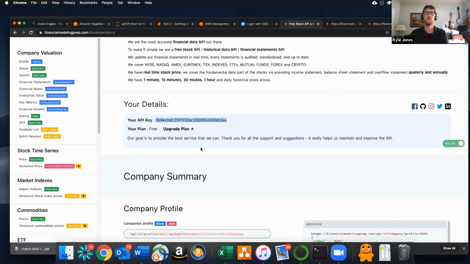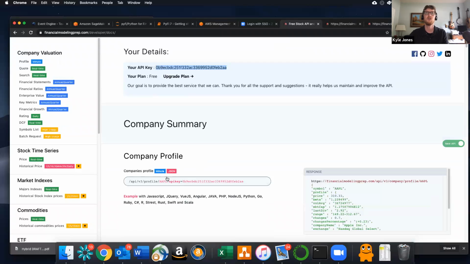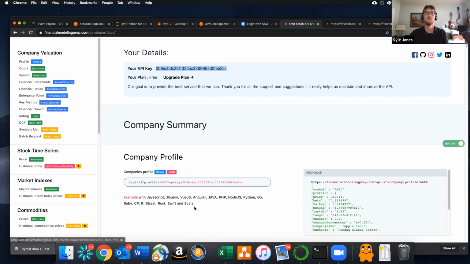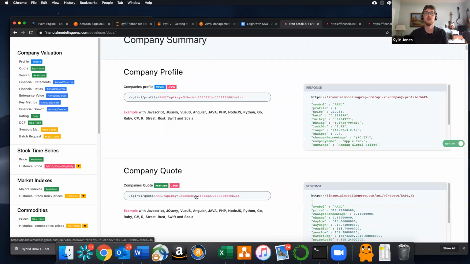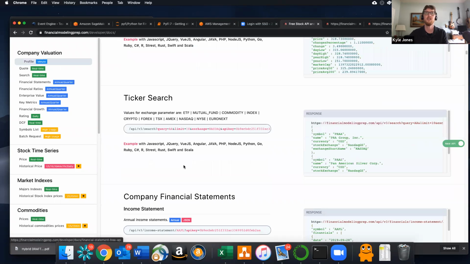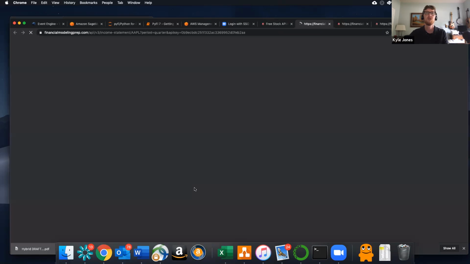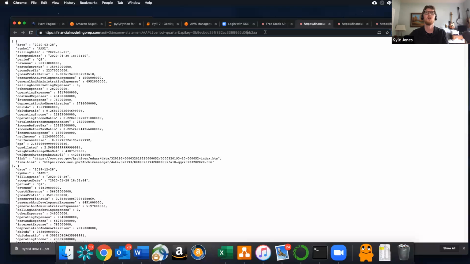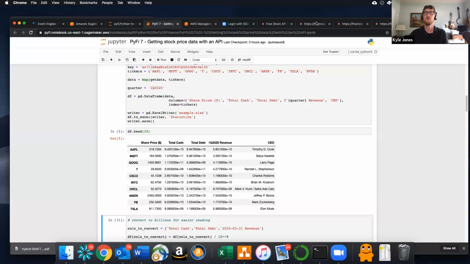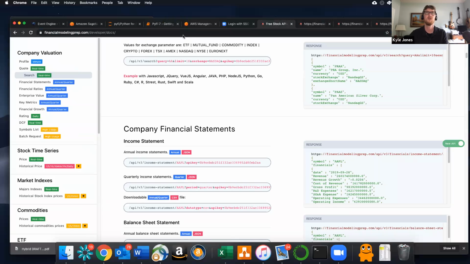So that's the key you use. What's nice is all of the examples here that they give you will be your own key provided. So you can just click any of these that are in the little pill, and it will take you to that website that shows the results. And you can copy this whole thing and put it in your Jupyter notebook. Right? I will show an example of that.